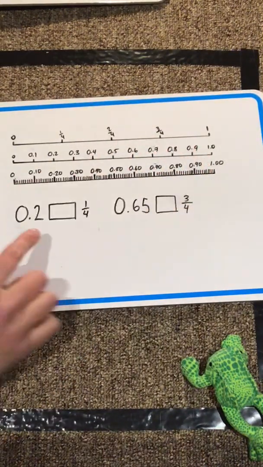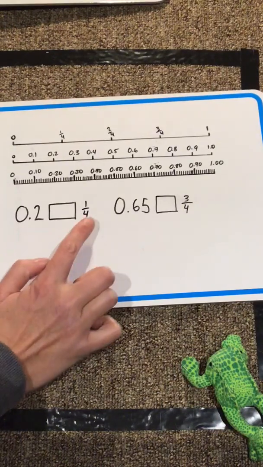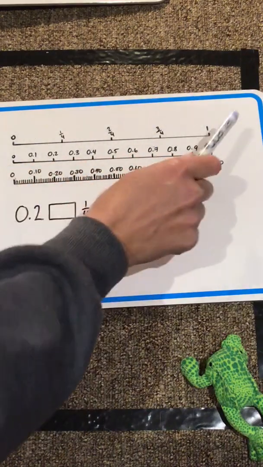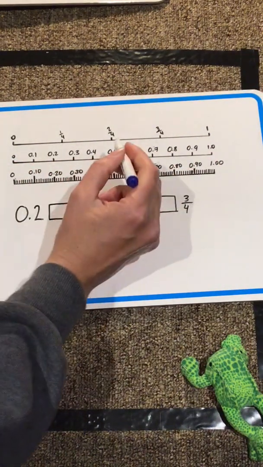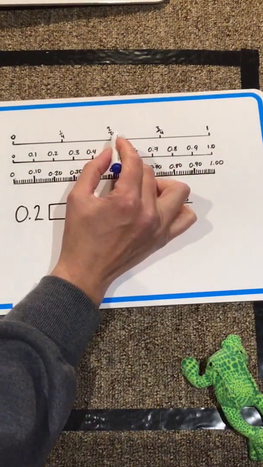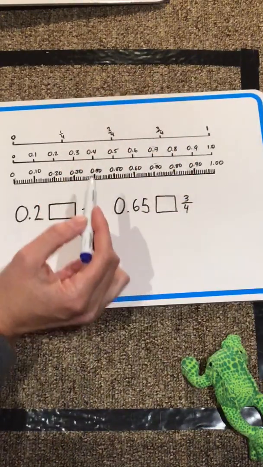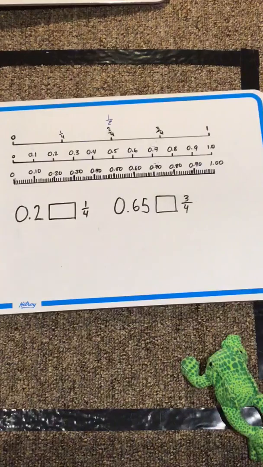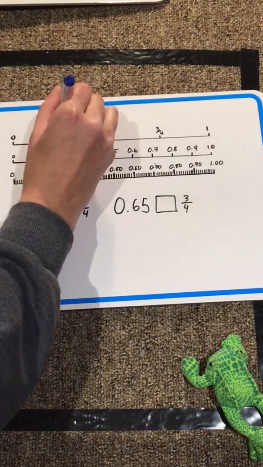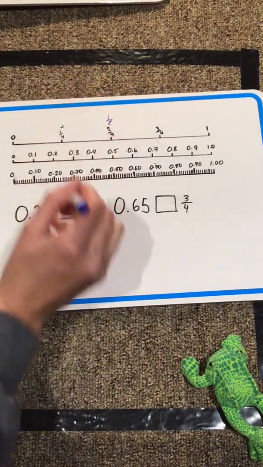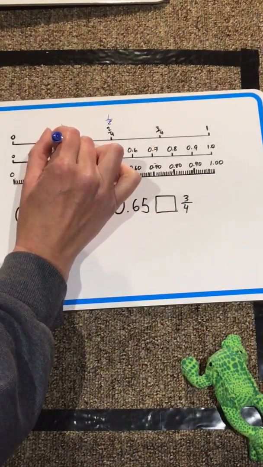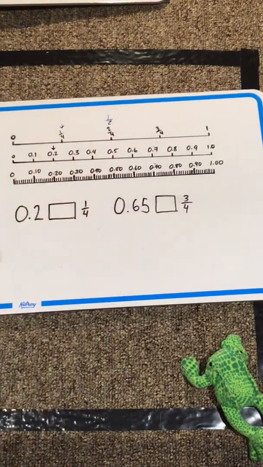We don't need those anymore. Okay, so now we're going to compare 0.2 and 1/4. Okay, so here's the quarter along the top here. Oh, just a brief point. 2/4 would be equivalent to which fraction halfway along there? 1/2. Okay, so 1/4 is here. 0.2 on the tenths one, 0.2 is here.